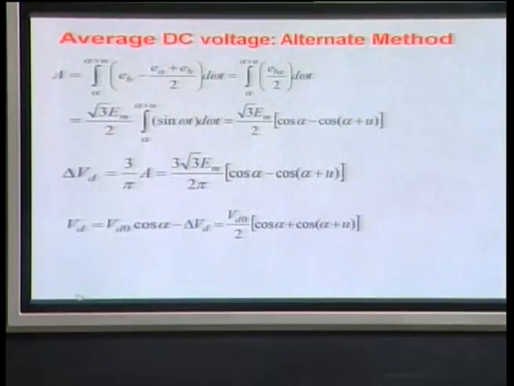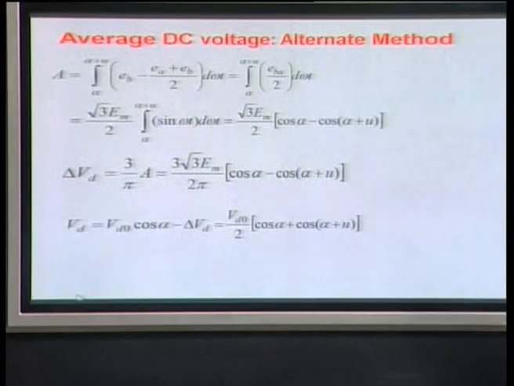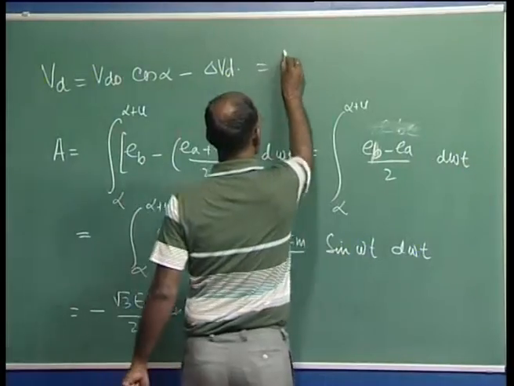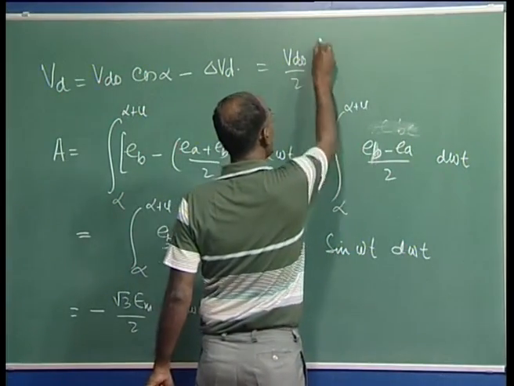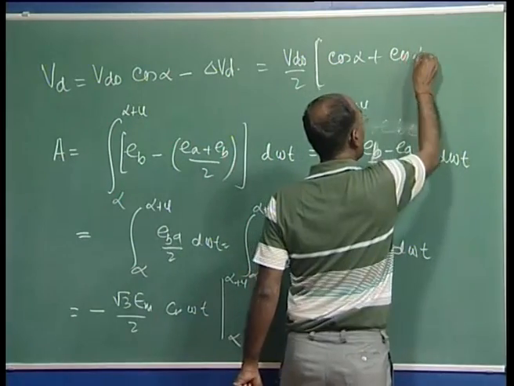Now, you can see it is a shorter derivation compared to the previous one, because there we were getting the two terms separately and then putting the values and simplifying. So, we are getting here again Vd equal to Vd0 by 2 times cos alpha plus cos alpha plus u.